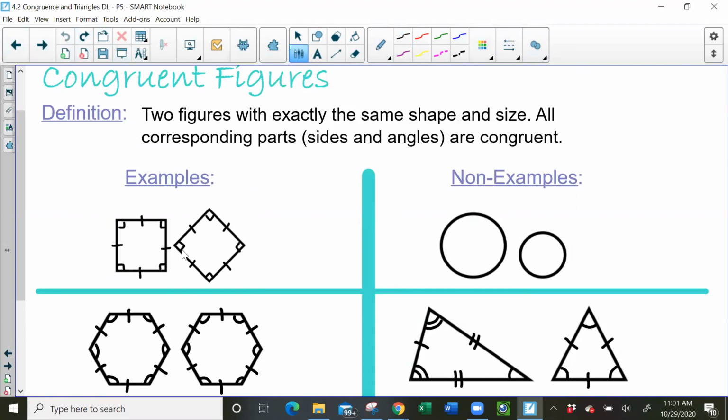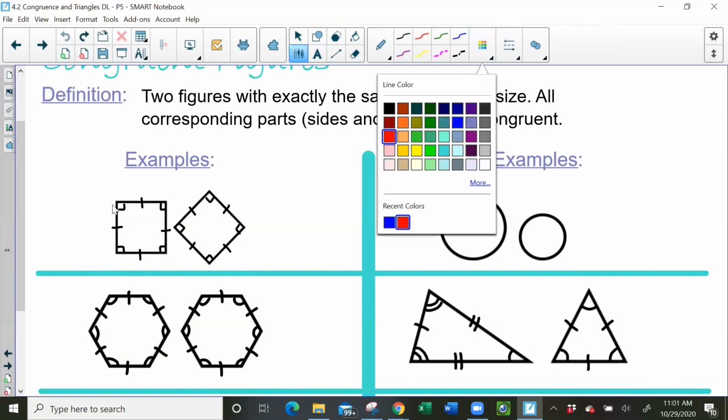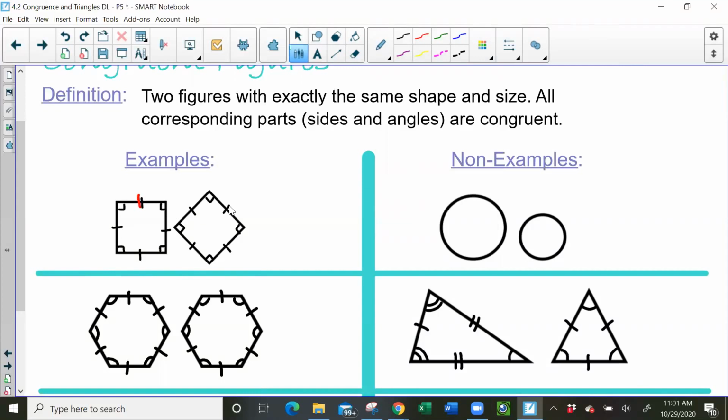So here are some examples of what congruent figures are. I'll go through the examples first, and then we'll talk about the non-examples. These 2 are squares, even though one of them is rotated a little bit, tipped on its point. Notice that all of the sides are congruent. This side is congruent to this side, but they're all the same length.